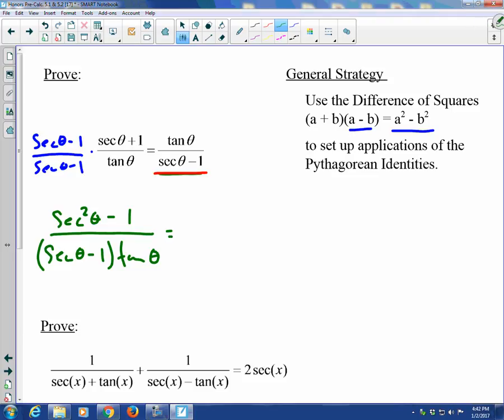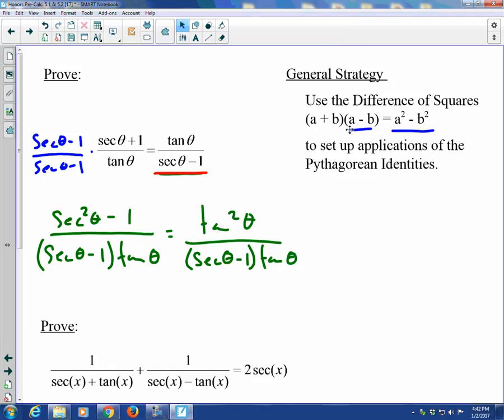In our next step right here, we can say that secant squared theta minus 1 is actually equal to tan squared theta. And we can sort of go through and show that with our Pythagorean identities, but for right now, we're just going to take it for granted. And so we've got tan squared theta over secant theta minus 1 times tan theta.